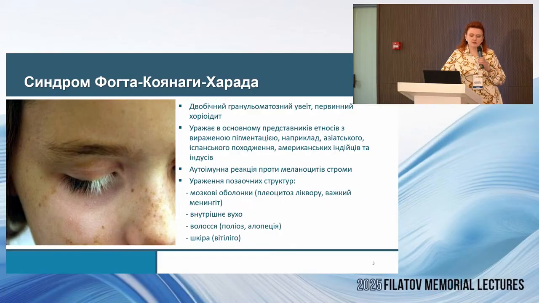Vogt-Koyanagi-Harada syndrome. Earlier on, it used to be a rare type of uveitis because it has a clear ethnic association. According to literature, it is often met in nations with expressed pigmentation, like Asian, Spanish and American Indian nations.